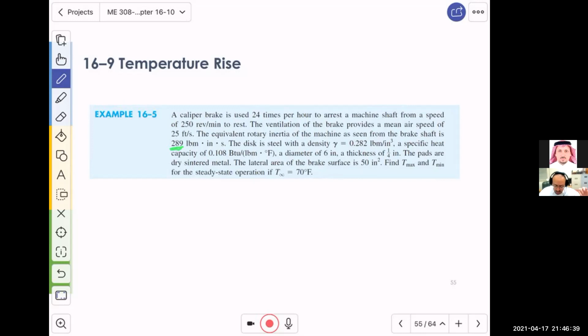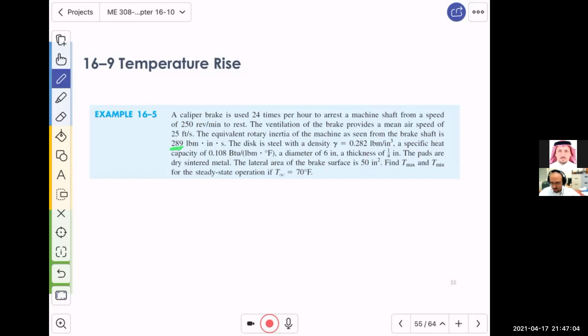The steel disc has a specific heat capacity of 0.108 BTU per pound mass degrees Fahrenheit, a diameter of 6 inches, a thickness of 1/4 of an inch. The pads are dry sintered metal.